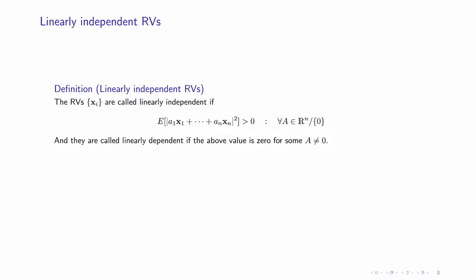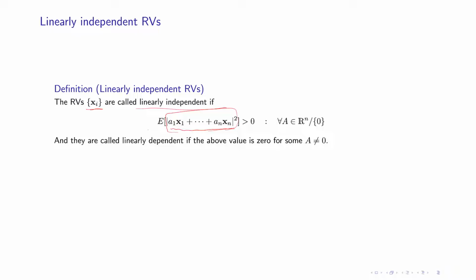So if our random variables are linearly independent, what will happen to covariances? What was the definition? We call a set of random variables linearly independent if for any linear combination of them, the mean of this is always non-zero.